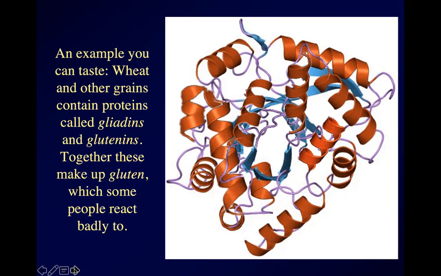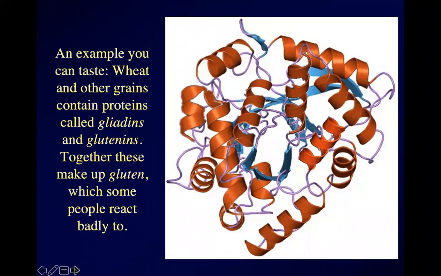So that's a single molecule of gliadin. The alpha helices have been diagrammed here in red. The beta sheets are in blue. And the parts of the chain that are neither helix nor sheet are shown in purple.